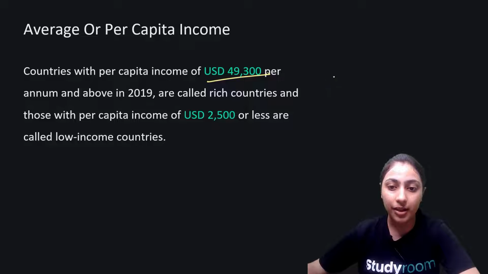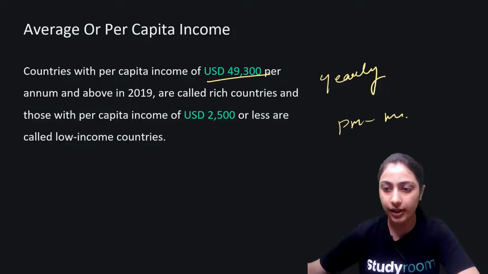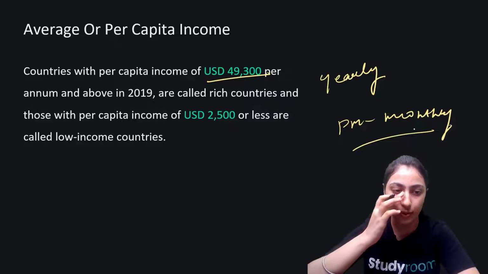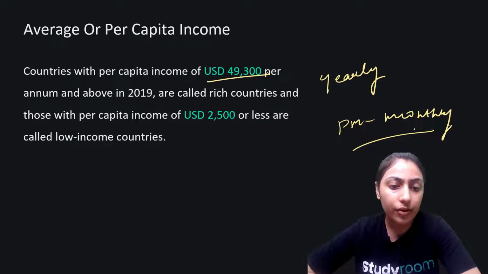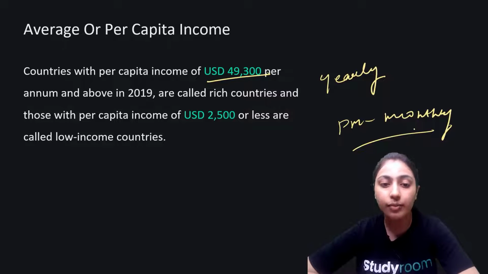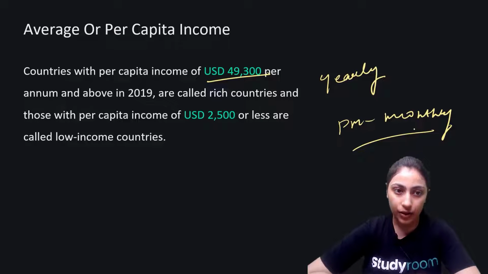Per annum means your yearly income, and per month is your monthly income, just for the information. Those with a per capita income of USD 2,500 or less are called low income countries.